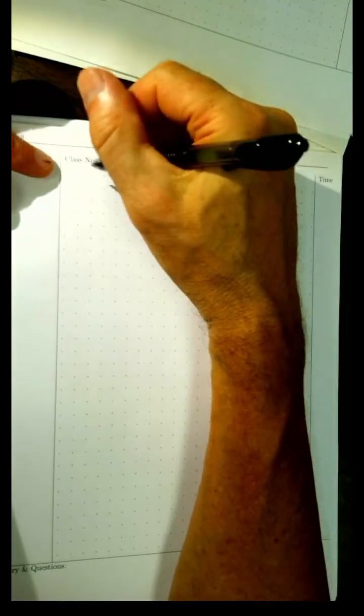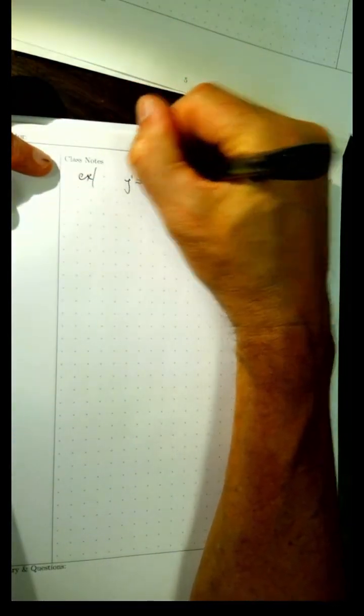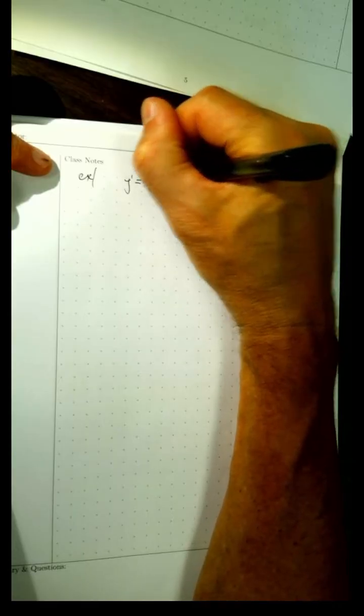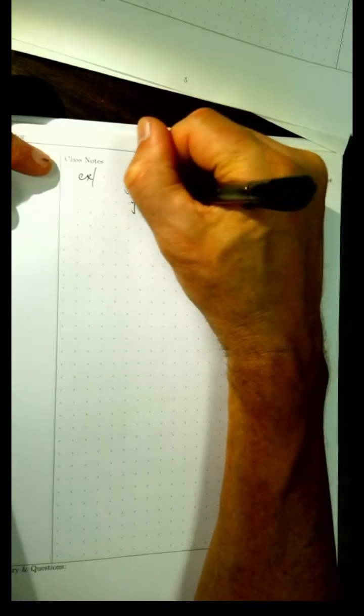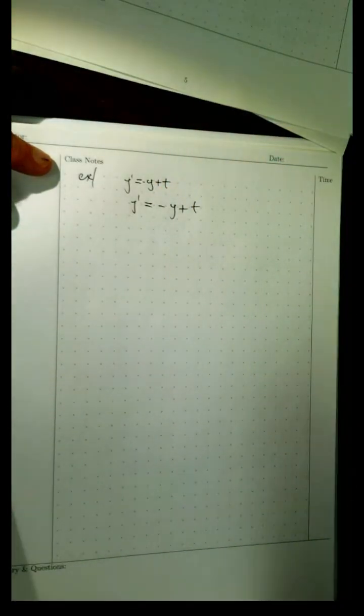So let's see if we can do one example, and then we'll do some more examples in a separate video. So for example, y prime equals minus y plus t. Let me rewrite that so it's a little more clear. Okay, suppose this is given to me.